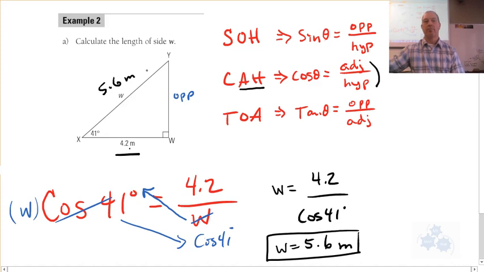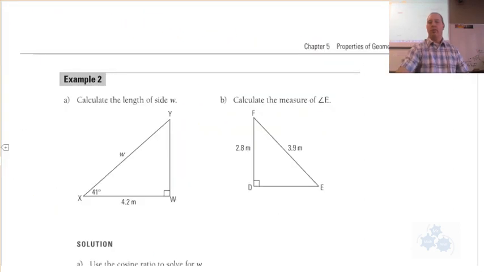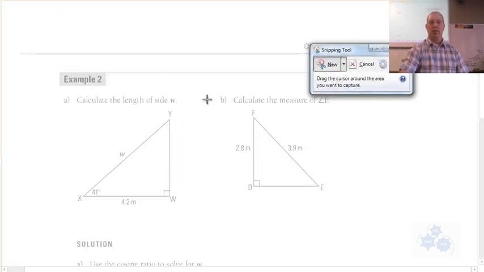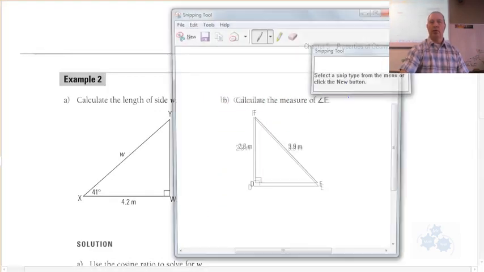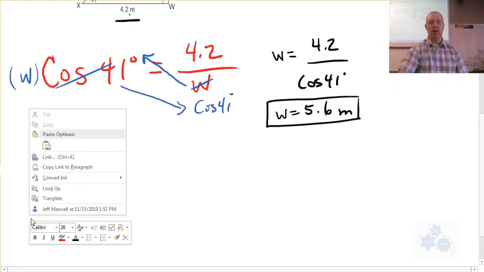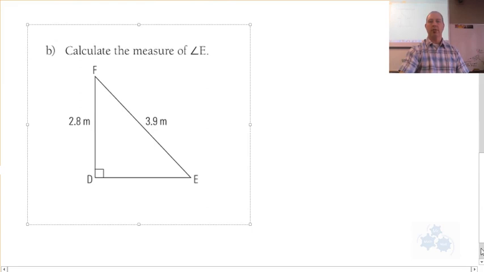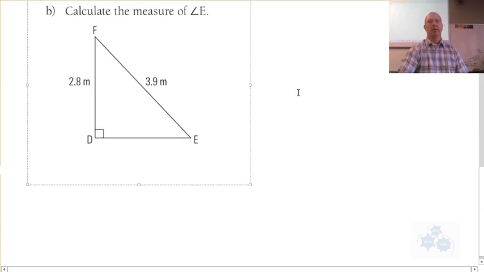All right? Okay. So another one that we want to do here, another type of question, this is one more that we'll do here before you can copy down some practice problems of your own. But let's take a look at one where we're trying to find the angle measure. And I'm not sure how much you remember of this type of question, but let's give it a go. So this one says, calculate the measure of angle E. Well, first of all, we have a right triangle.